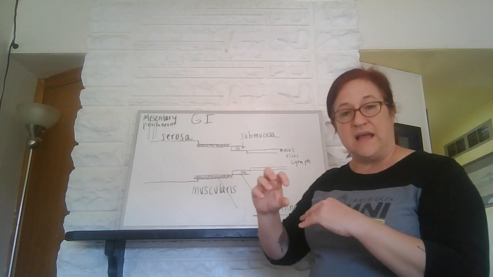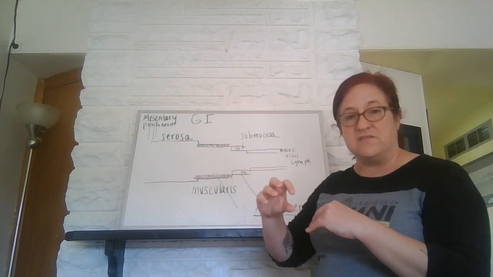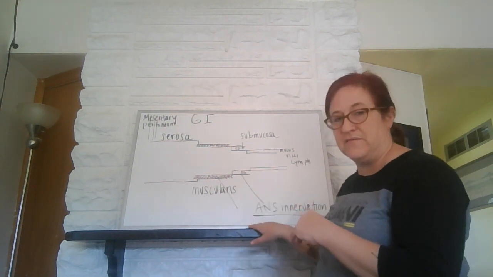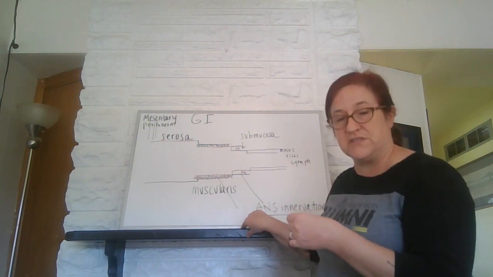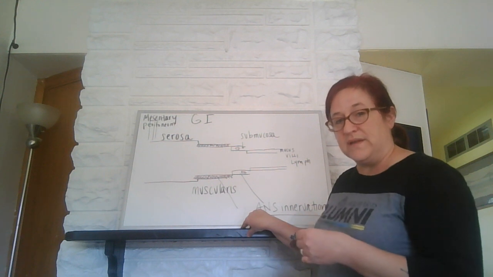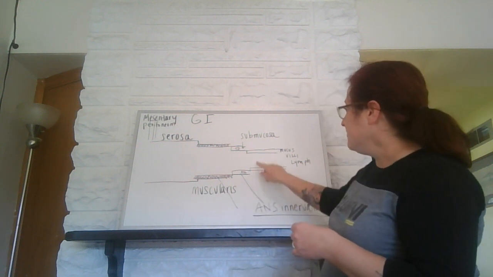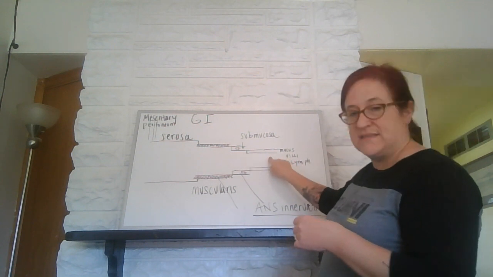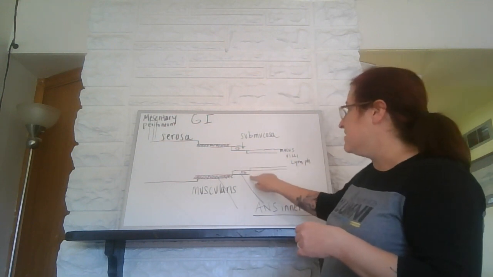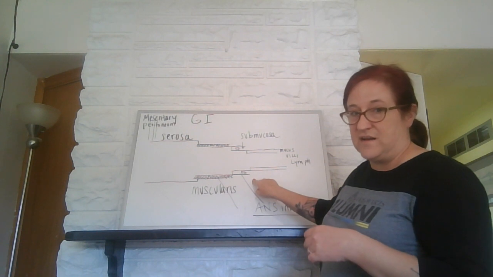A little bit further in, the next layer, so it's serosa, muscularis, submucosa, is also innervated by the autonomic nervous system. There are glands in there that, under the autonomic nervous system influence, will either stop or decrease secretion or increase secretion in order to aid movement and digestion. And then underneath that is the mucus layer, and in the submucosa, the glands there help produce the mucus.